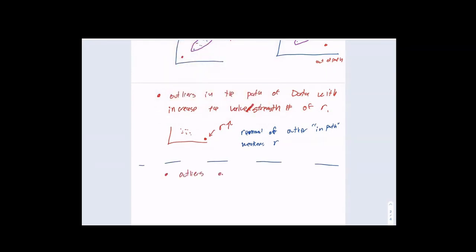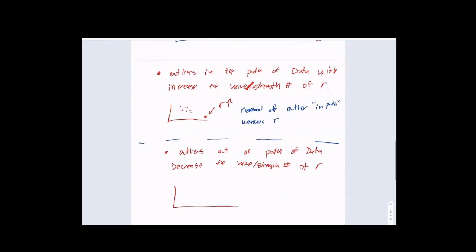Outliers out of path of data decrease the value/strength number of R. So it's the opposite.